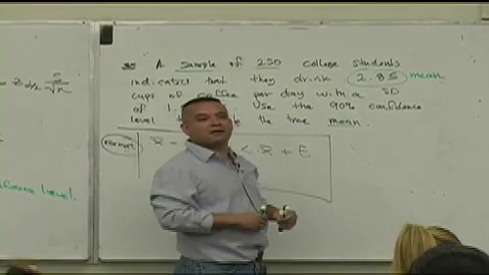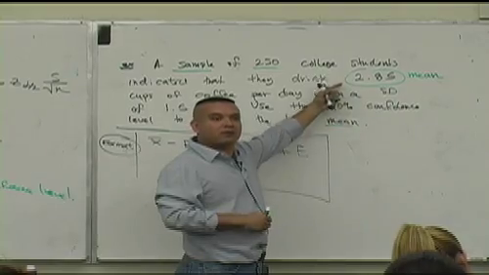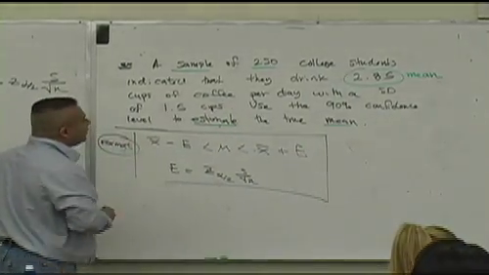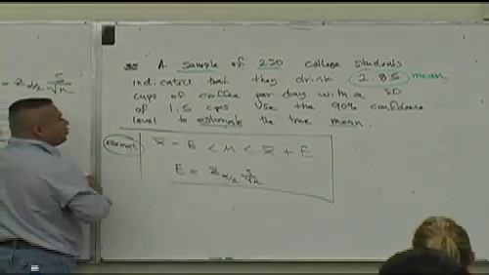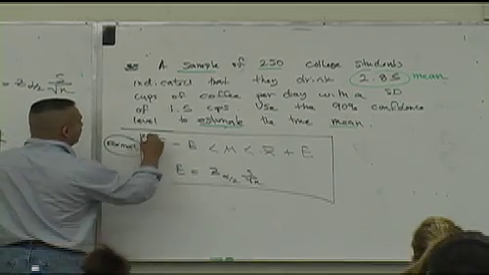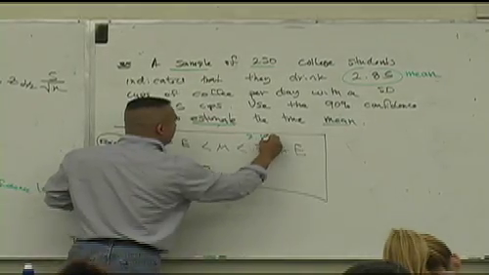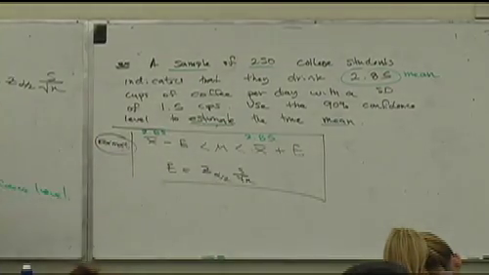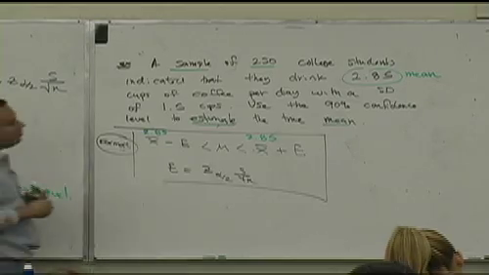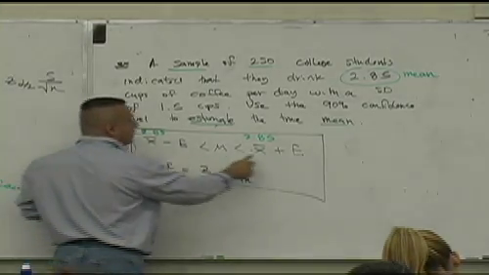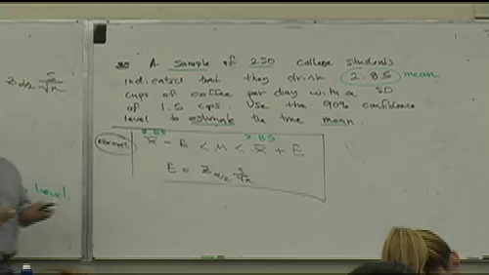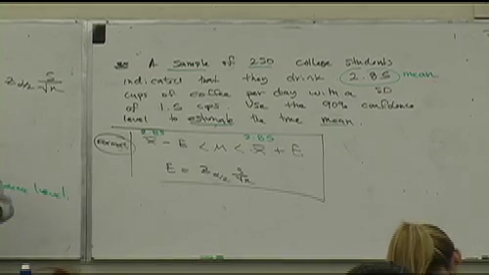They didn't say this is the sample mean, but that's what they're implying. So this is going to be 2.85, and you're halfway there. All you have to do now is determine the what? The margin of error. That's all you have to do.